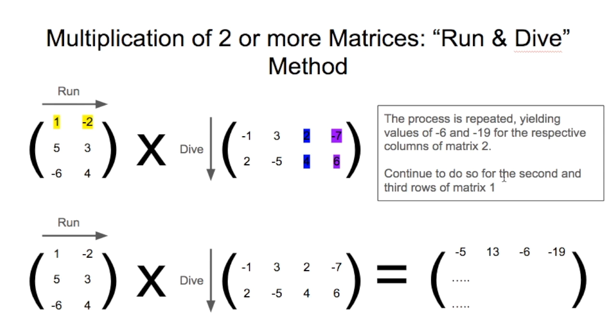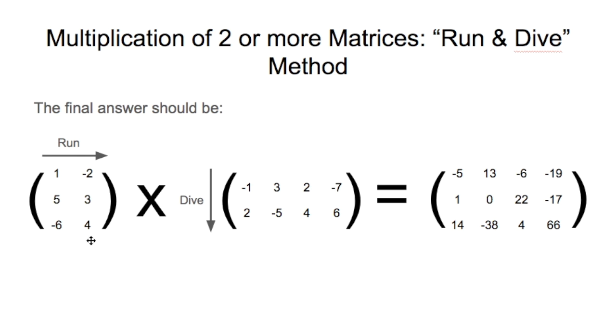And so if we continue to do so for the second and third rows of matrix 1, we will arrive at our final answer right here. And so it's a very simple method. It's very easy to remember, and the moment you initiate it, you can get the answer relatively quickly, and I find it's also easier to remember than the dot product method.